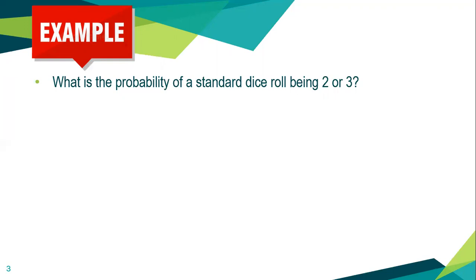So if you roll a dice or a die, ano yung mga possible outcomes? So for this experiment of rolling a dice, we have the sample space. Ano yung mga possible na lumabas? We have 1, 2, 3, 4, 5, and 6. Tama? Those are the possible outcomes.